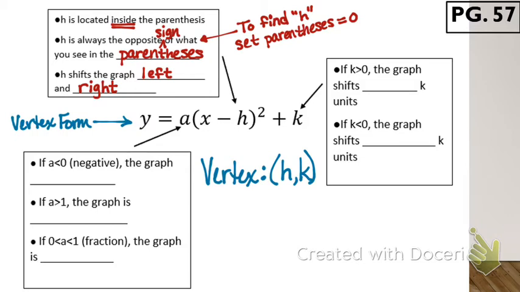What you see in the parentheses will always be the opposite sign, because to find it, you have to set it equal to 0 and solve. Same kind of thing we do with our factors when we factor things and we want to know where the roots are. Things that aren't inside parentheses, like the A and the K in this form, we don't set equal to 0 because they're not inside parentheses. To remember this, so I don't have to set it equal to 0 each time, I call what is inside the parentheses the opposite.